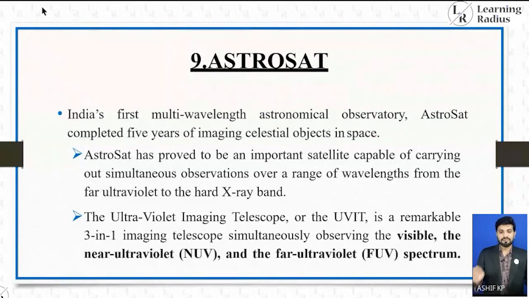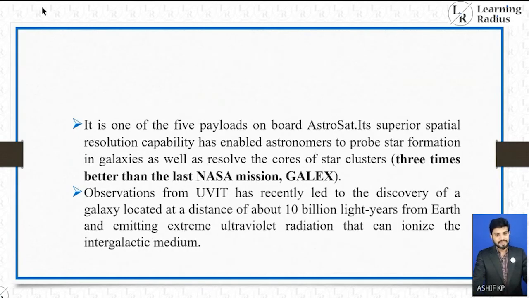The UVIT is a remarkable 3-in-1 imaging telescope, simultaneously observing the visible, the near ultraviolet, and the far ultraviolet spectrum, which should be there in your mind. So Astrosat is India's first multi-wavelength astronomical observatory, and it completed 5 years of imaging celestial objects in space.